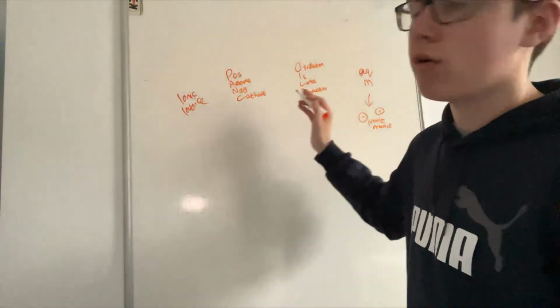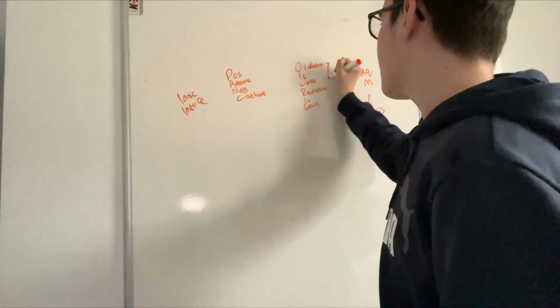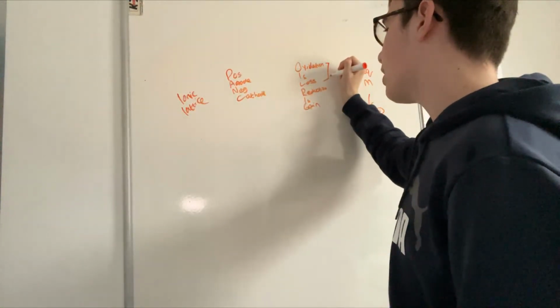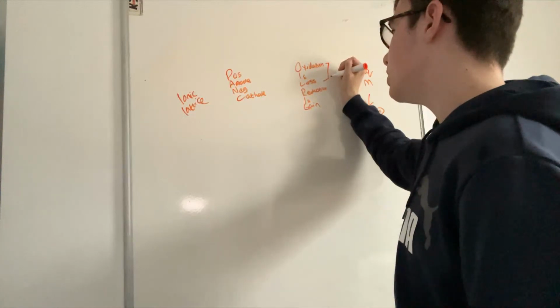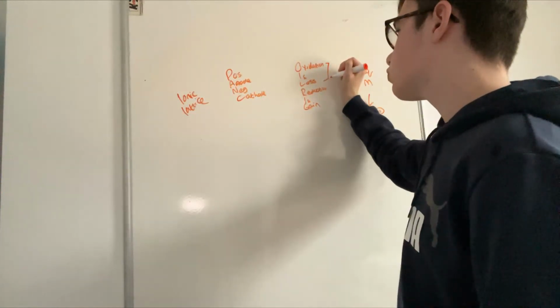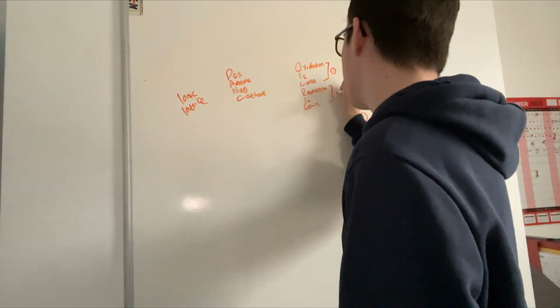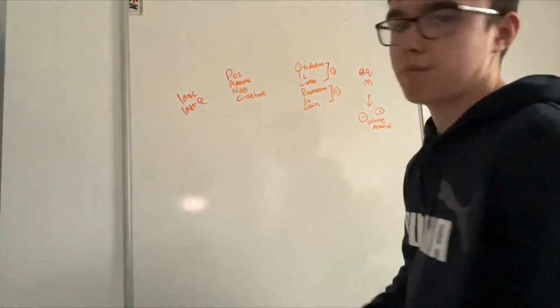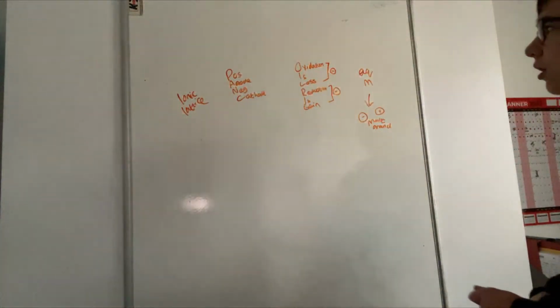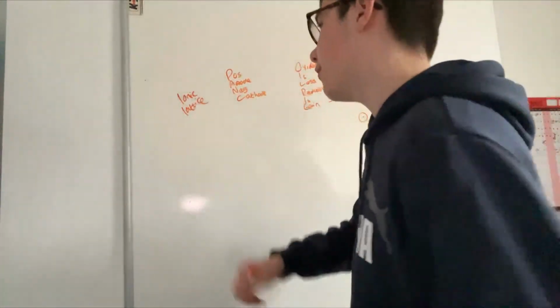We obviously know oxidation is loss, so oxidation must happen at the anode, and reduction should happen at the cathode, so it's negative. All of that information, but we can go further.